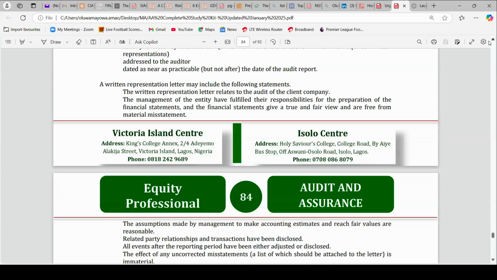Now, if management is saying they are not giving that letter, the auditor needs to start assessing and evaluating the integrity of the management. Is it that they have something they are hiding? And in evaluating it, he now needs to start looking at the audit evidence he has obtained. Could it be that there is a risk of material misstatement somewhere?